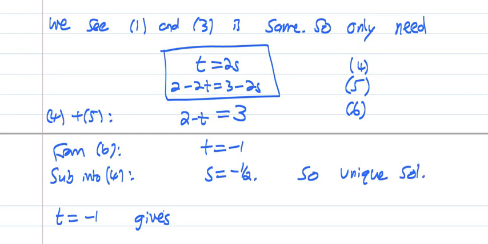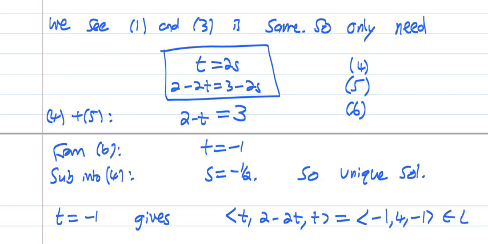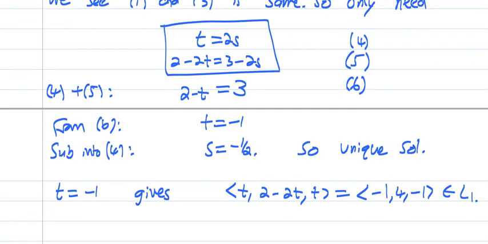So t equal to minus 1 gives, remember, it's (t, 2 minus 2t, t), and when t is minus 1, this becomes (minus 1, 4, minus 1), which is sitting on line 1, because it's of the form (t, 2 minus 2t, t). And now s equal to minus a half gives that, remember, to be sitting on line 2, it's got to be of the form (2s, 1 minus 2s, 2s).